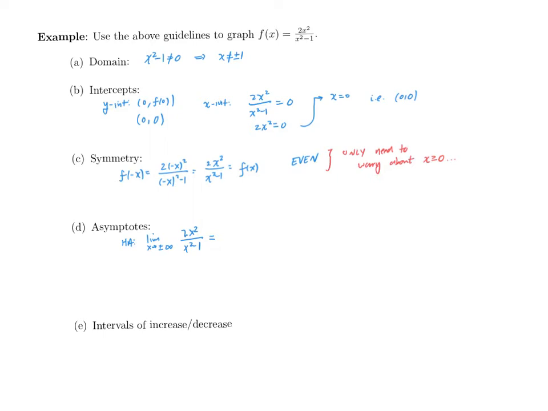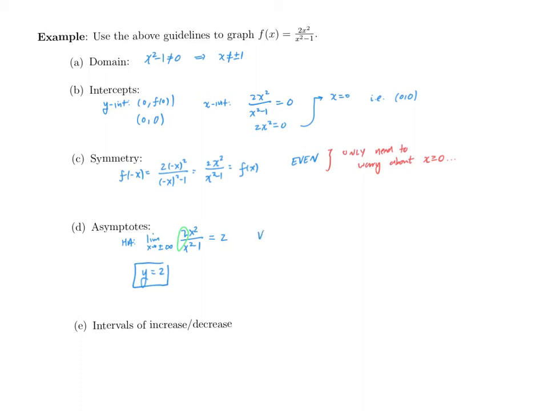And note it is a degree 2 over a degree 2, a rational function. And because those degrees in the top and the bottom agree, we simply divide the leading coefficients. And it doesn't matter in this case whether you're approaching plus infinity or minus infinity, you'll get back 2 in either case. So there is a single horizontal asymptote, which remember is always a line. In this case, y equals 2.